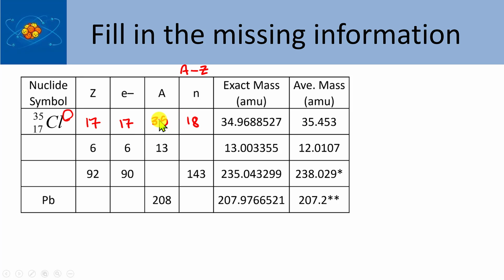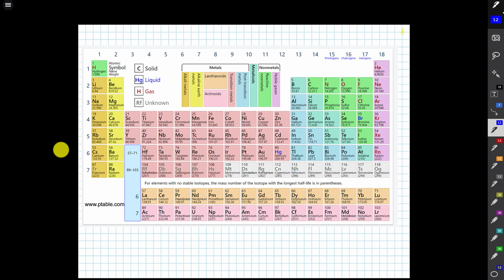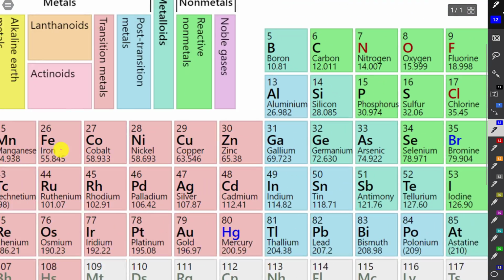Now, you could also be faced with something like this. It's giving you an atomic number, a number of electrons, and a mass number, and then you need to write the nuclide symbol. So what you do first is go to your periodic table and find the atomic number 6.